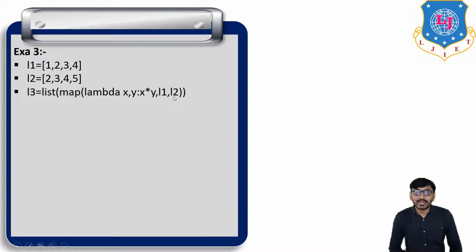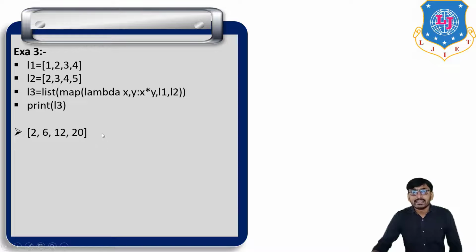So if there are two lists in sequence, then the first element is from L1, the second element from L2. So if we print this L3, then we get 2, 6, 12, 20, because 1 into 2 is 2, 2 into 3 is 6, 3 into 4 is 12, 4 into 5 is 20.